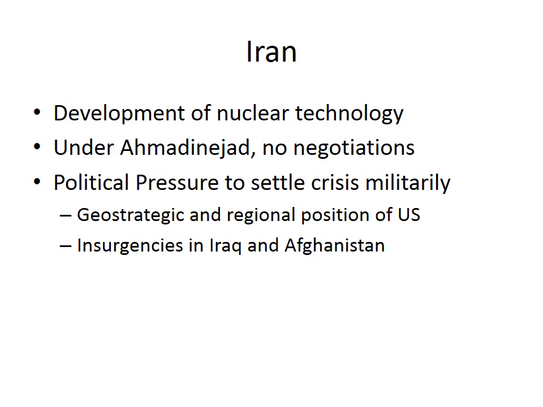Okay? Now, under Ahmadinejad, who was the former president of Iran, who was voted out of office at the beginning of last year, there were no negotiations. He fundamentally refused to negotiate on the nuclear program.